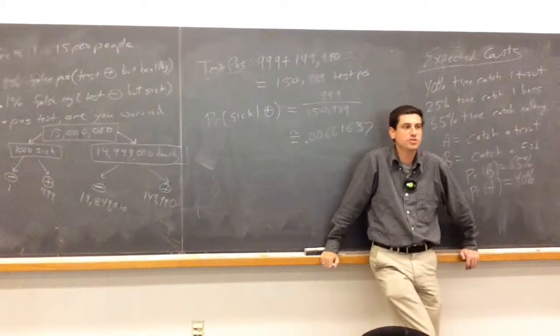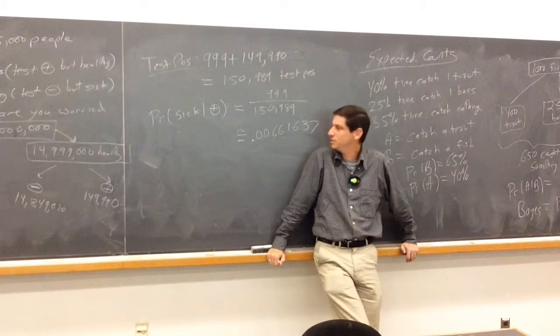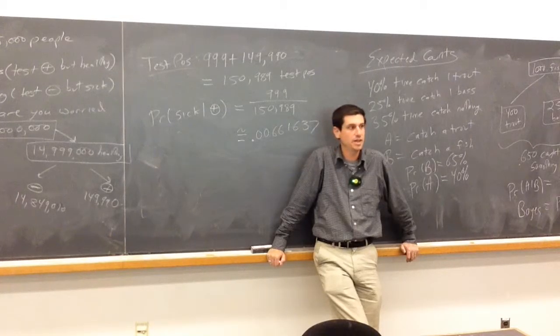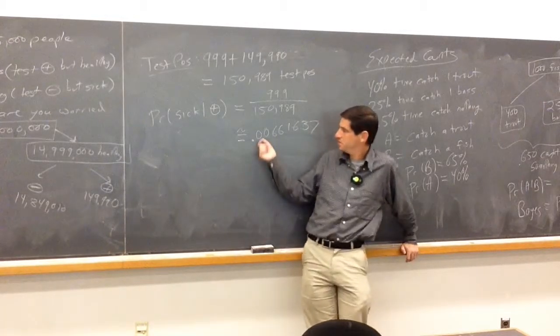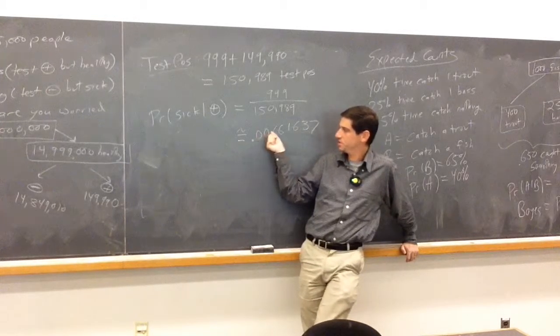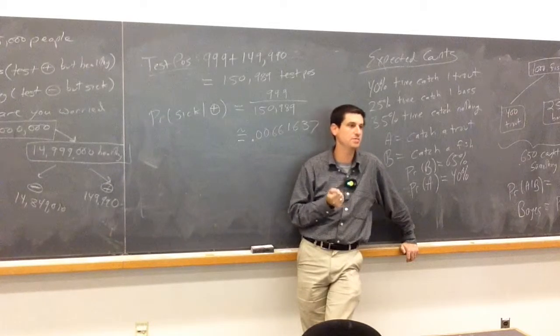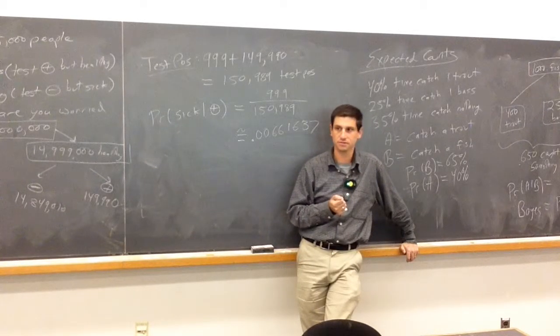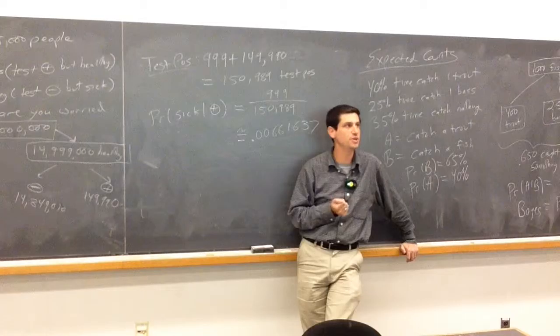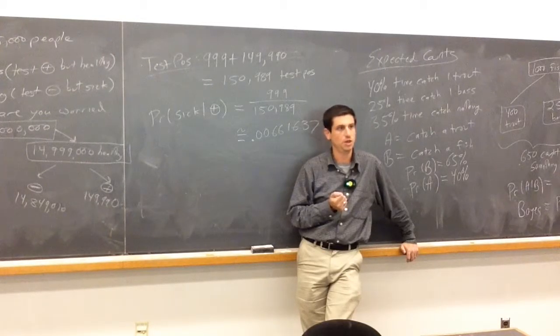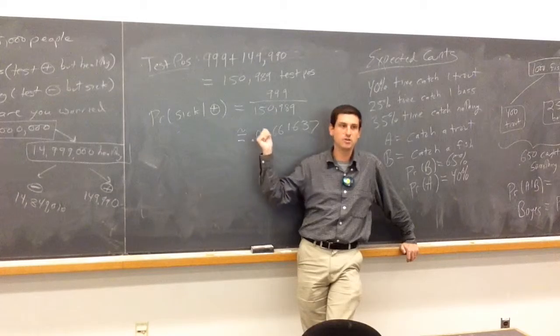So the probability that you're sick is a little bit less than 1%. 10% would be 0.1, 1% would be 0.01. This is a little bit less. It's about 0.5%. Should you be that concerned if you get a positive result? No. But you should be a little bit concerned, and you should take it again.